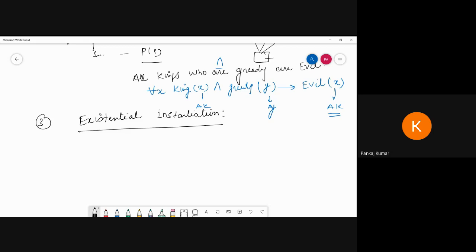That means we have an instantiation that is called existential elimination, which is a valid inference rule in FOL.